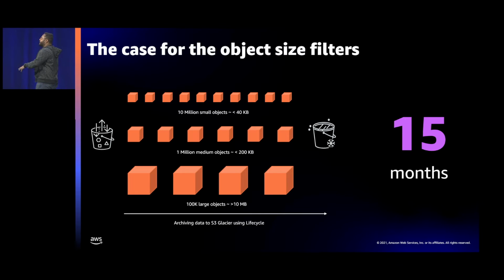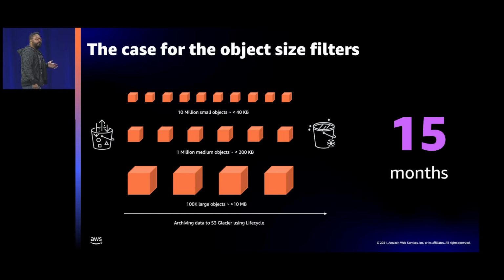So for this bucket, when I transition all of these objects from S3 Standard to S3 Glacier Deep Archive, I see that it needs a minimum of 15 months of retention period for me to be able to break even on my one-time transition cost. This would mean those objects need to sit in S3 Glacier Deep Archive for at least 15 months for that to make cost sense.